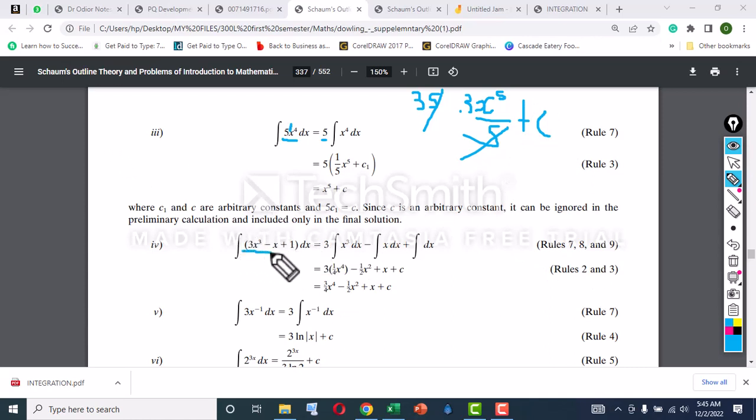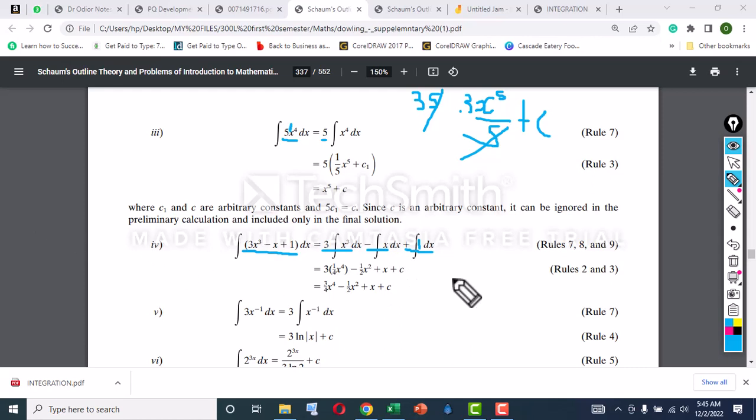This one we have a difference and sum. So we have to integrate 3x cubed minus and so on. What you just need to do is integrate them differently. You integrate 3x cubed first, then the second one, then the third one, which has an invisible 1.